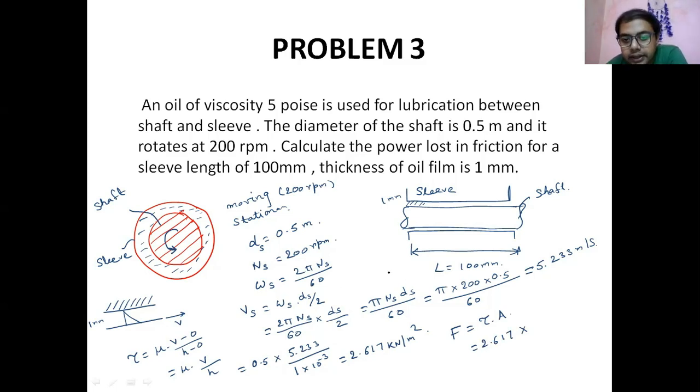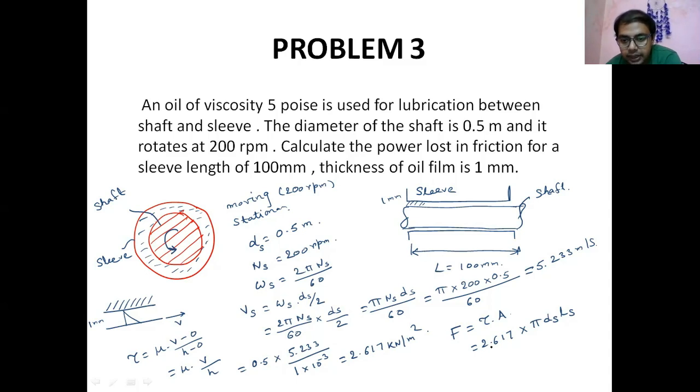If you think about it, it is the circumference into the length. Circumference is pi Ds, circumference into the length of the sleeve. That is the contact area, the cylinder's circumferential surface area.